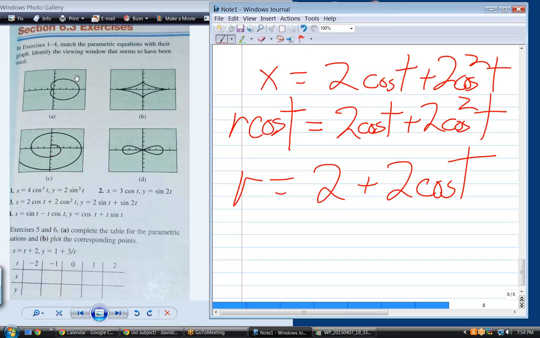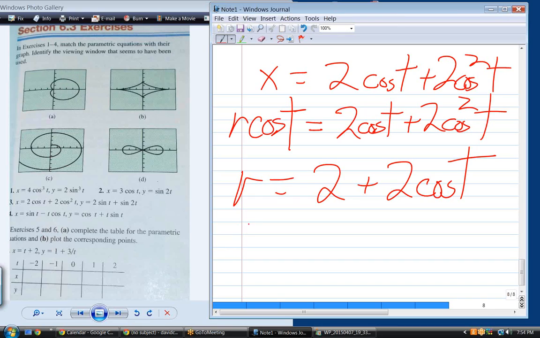Do you have a book that has your typical equations for some of these curves? It's hard to find. I actually have to look in my book, and there's a certain kind of equation for rose curves. There's another kind for limaçons. There's another kind for cardioids, which is what this is, a cardioid.